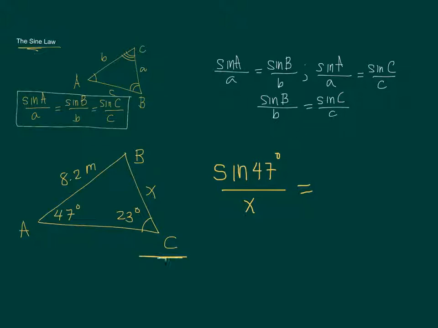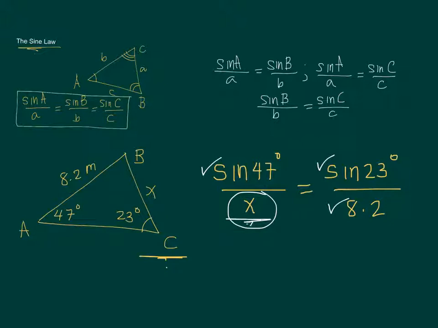The angle C is known, so I can use the sine of C, so sine of 23 degrees over 8.2. You will know if sine law is applicable once you have set up the equation and only one value is unknown. I know how to get sine 47, I know how to get sine 23 degrees, and 8.2 is a given number. Since there is just one unknown, that means sine law is applicable.